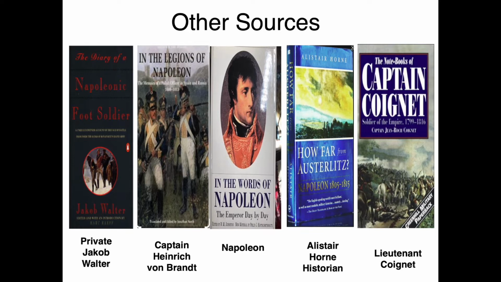He's a Polish officer, although he has a German name. I did look at a modern source just for some context. And then this one here, Captain Coignet, is a famous memoir. He was in the Imperial Guard and served with Napoleon for the entire Napoleonic period. And we'll use some quotes from Napoleon himself as he described the campaign.